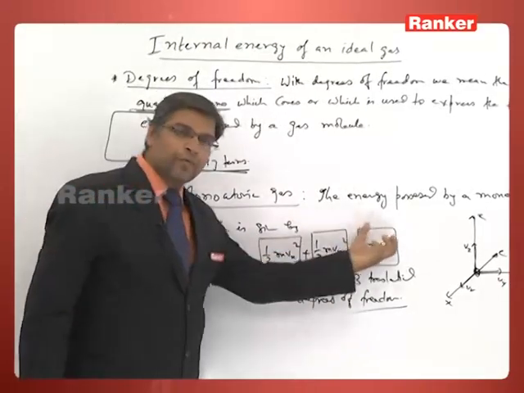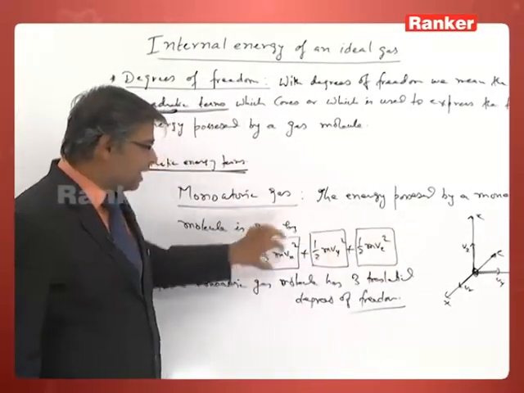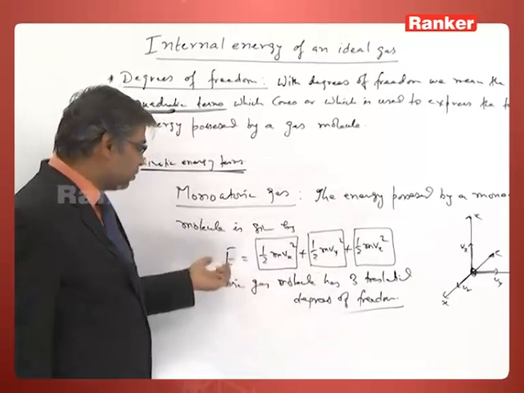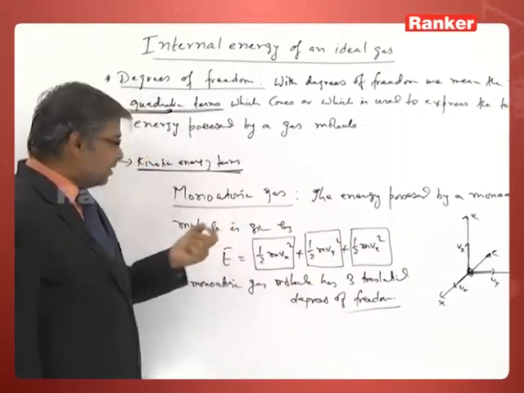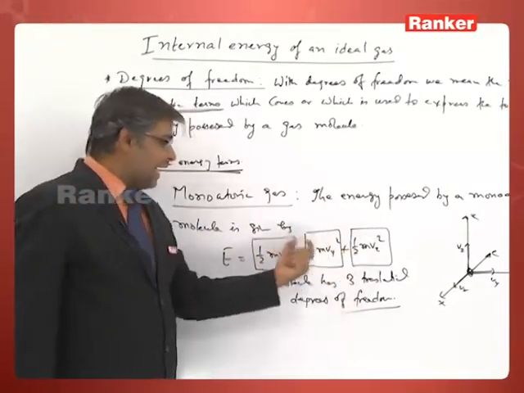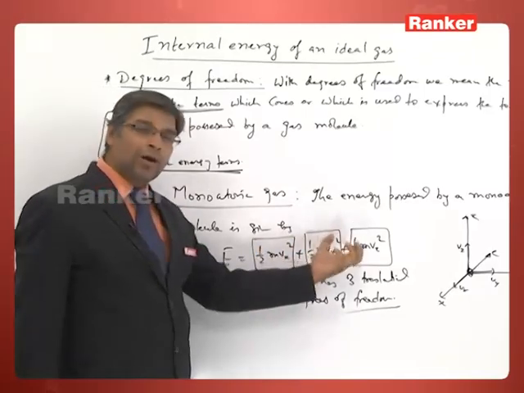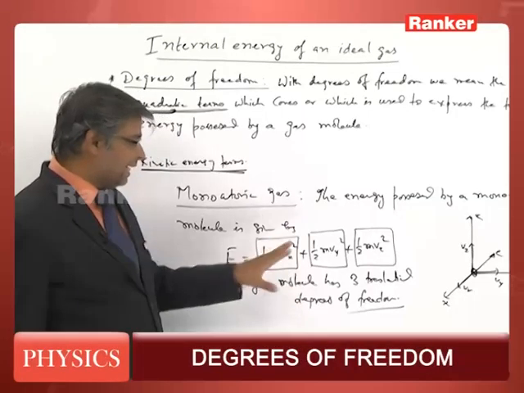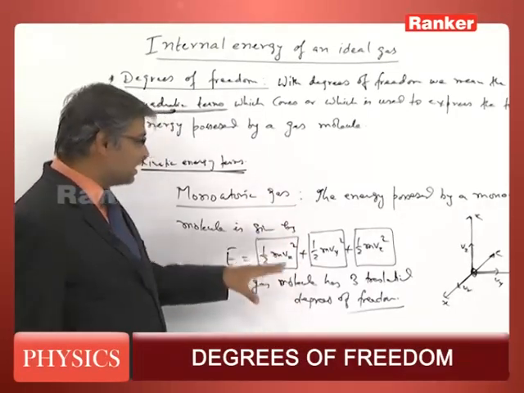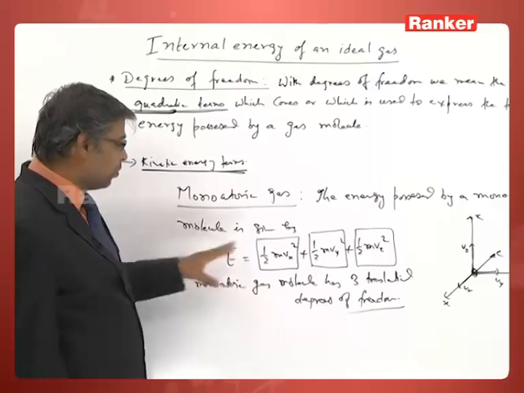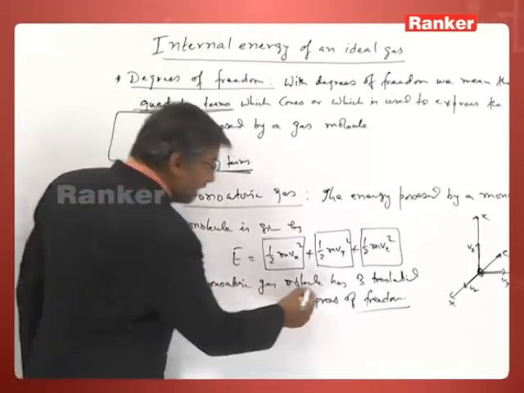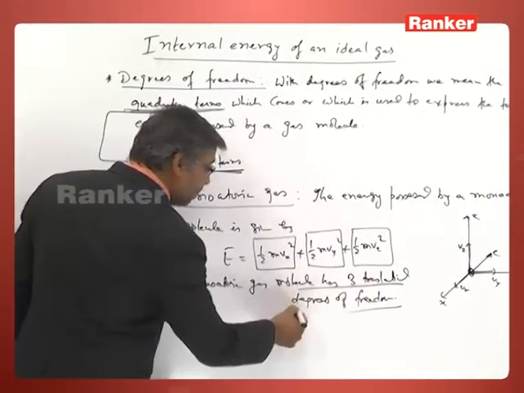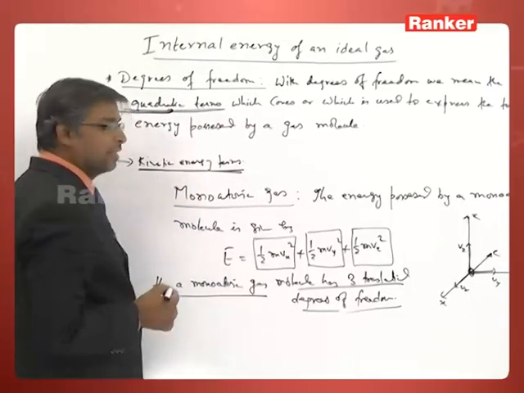So, degrees of freedom means all the individual kinetic energy terms which are used to express E. These kinetic energy terms can be assumed to be some pockets of energy that I will explain later. So, first only let us see what are the degrees of freedom for different gases. So, we have three translational degrees of freedom for a monoatomic gas.